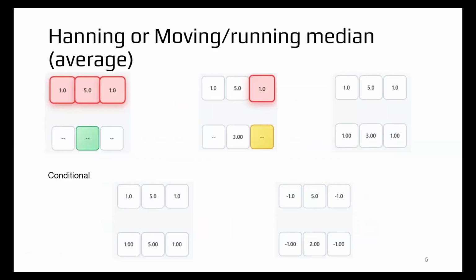Next is Hanning, or moving running median. It works pretty much the same as the previous one, but we only choose from windows of 3. In the previous one we can specify, for example, 5 or 7.